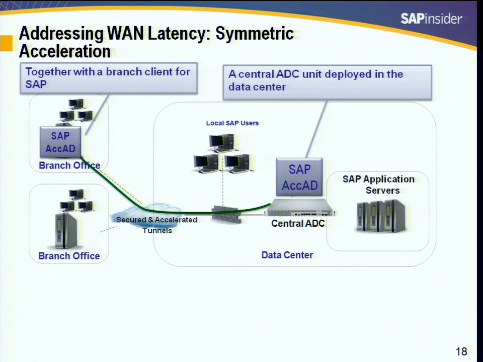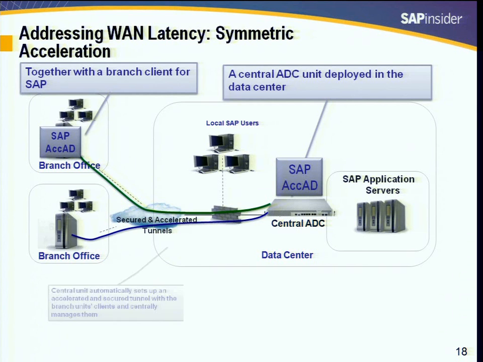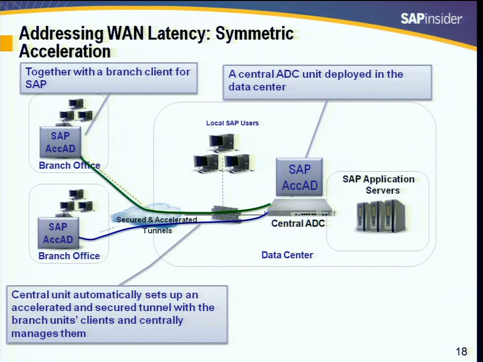So what these do is, a central ADC is typically pushing some information to the branch offices. And this is nothing but a SAP ACAD module integration that typically sits on the SAP branch office side. And that's how the compression is achieved between the SAP ACAD and the central ADC.